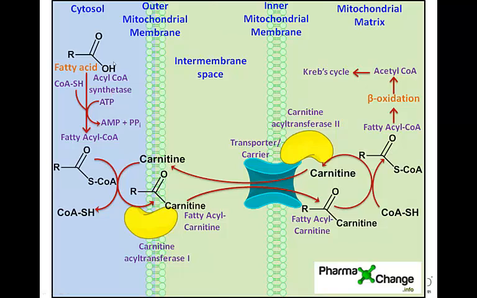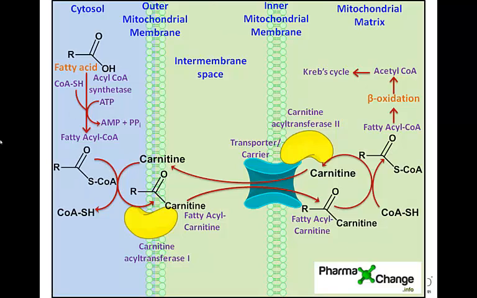So essentially, we're going to remove this hydroxyl group and we're going to add the CoH. If we look at a fatty acyl-CoA, this CoH group has been added and we lost the hydroxyl group.